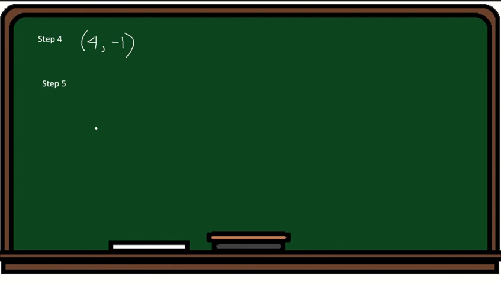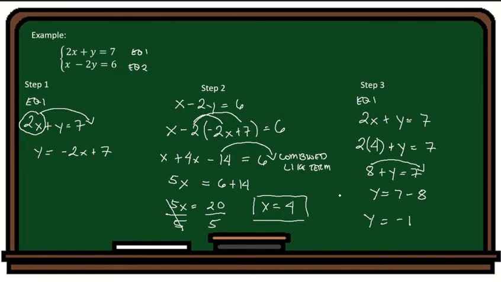To check if our solutions are correct, we will substitute the given ordered pair into each of the equations. So we have equation 1, which is 2x plus y is equal to 7. Am I correct? Yes.